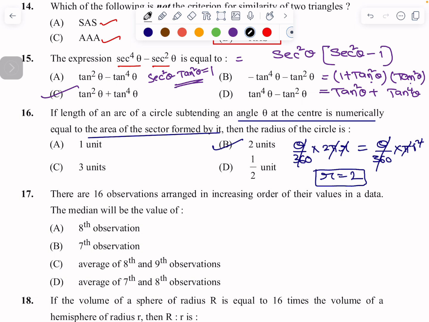Okay. So next question, in the 17th question, there are 16 observations arranged in increasing order of their values in the data. The median will be the value of, okay. So here an even number of observations are there. Total 16 observations, n equal to 16.